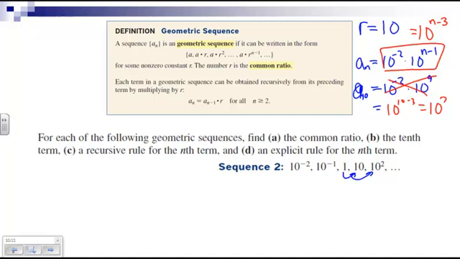All right. So we've got our R, we've got our 10th term, we've got our explicit. The only thing that's left is the recursive. A sub n is going to equal the previous term times 10.